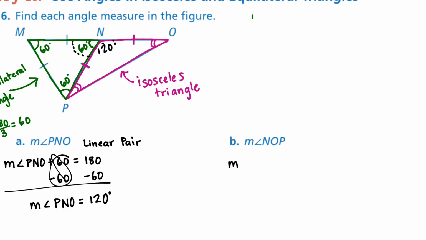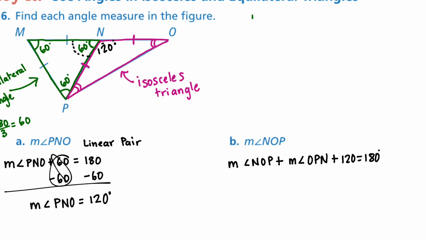So the measurement of angle NOP plus the measurement of angle OPN plus the 120 would be equal to 180 degrees.